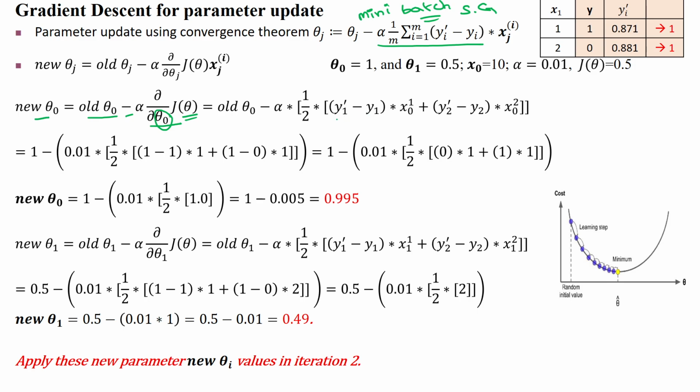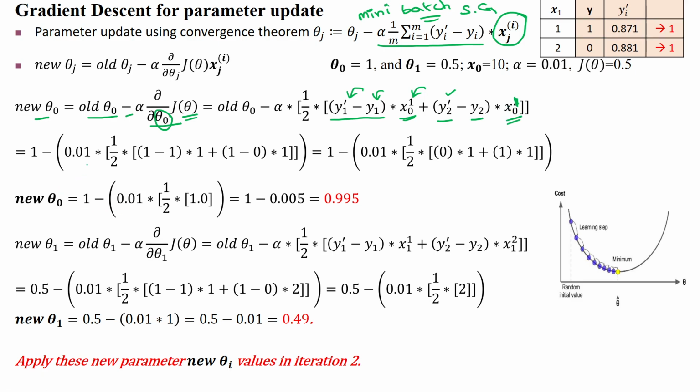We have the predicted output of sample number 1 minus the actual output of sample number 1, and x0 for sample number 1, added with the predicted output of sample number 2 minus the actual output of sample number 2, multiplied with x0 for sample number 2.